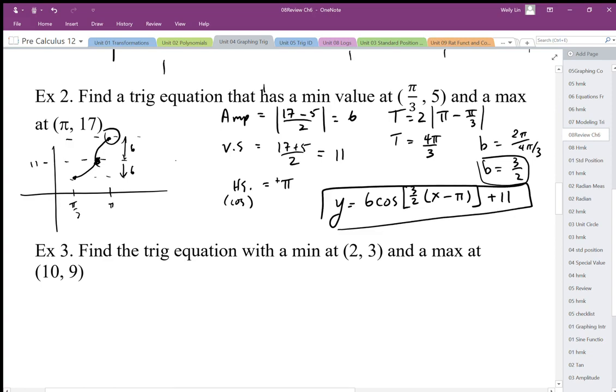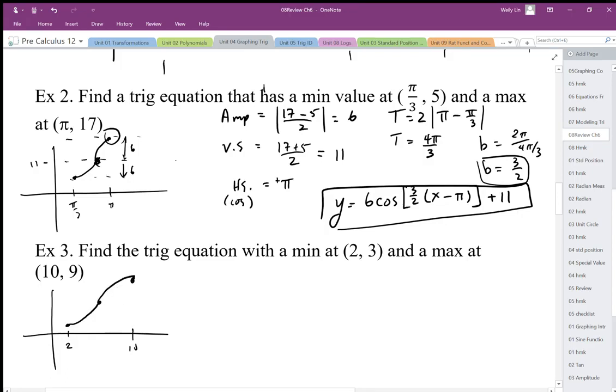The next one is exactly the same, apart from the fact that we don't have to worry about pi's anymore, which means that we have a pi in our b value. So 2 over 3 up, maybe somewhere around here. There's 2, 10, 9, somewhere around here. And those represent 2 quadrants.